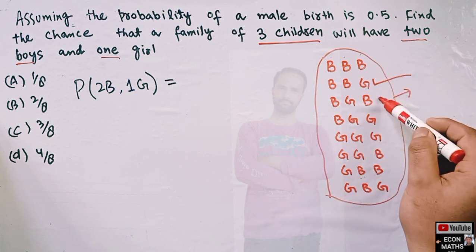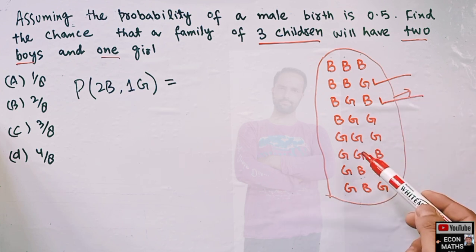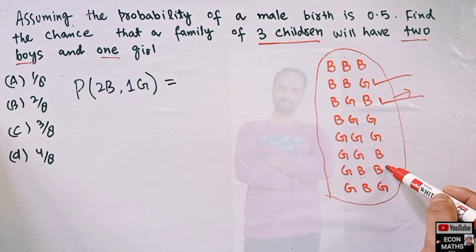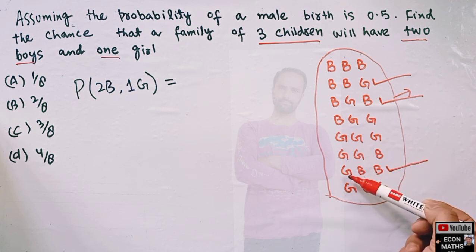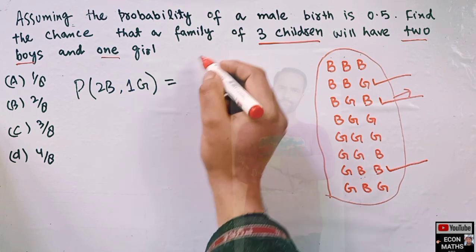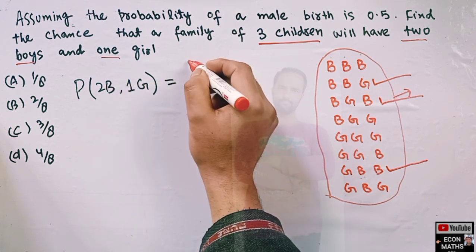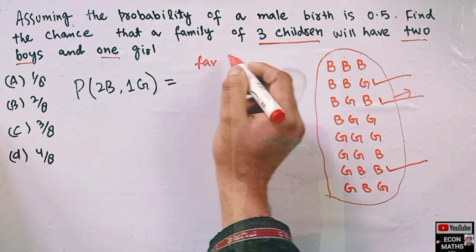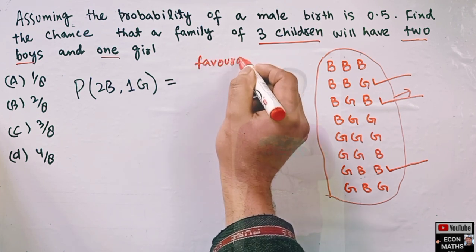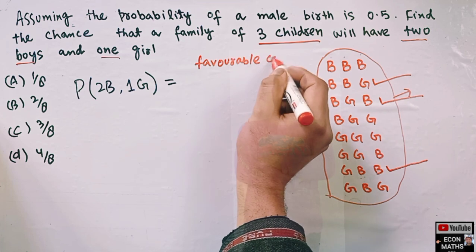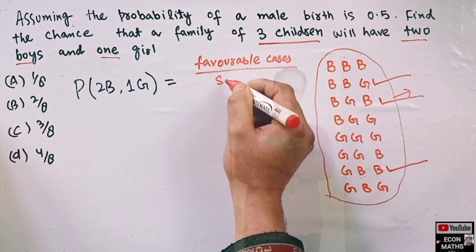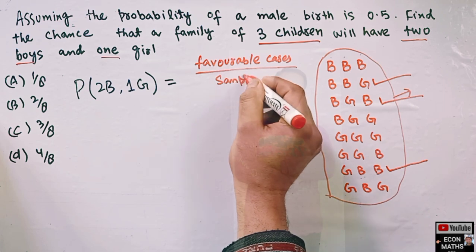Here also we have 2 boys and 1 girl, and here we don't have. And in the penultimate case, we have 2 boys and 1 girl. So how do we write the chances? The probability is written as favorable cases upon the sample space, the total number of cases.